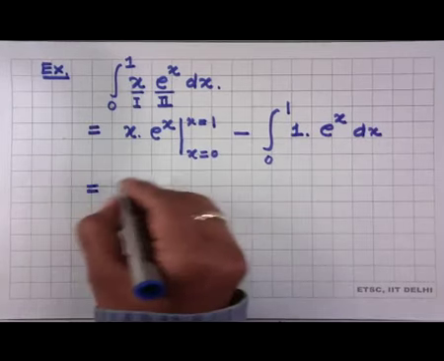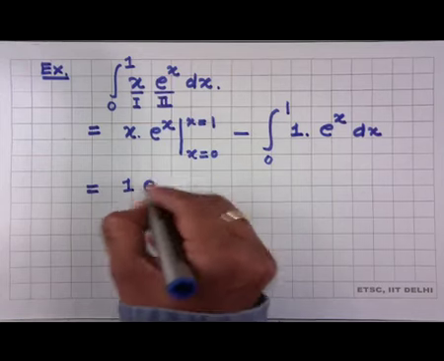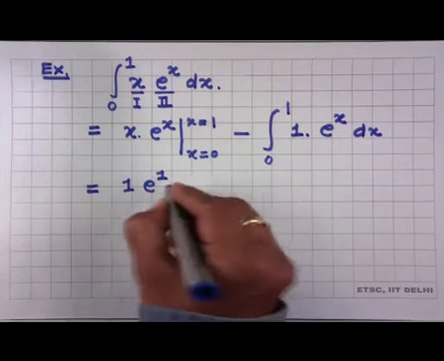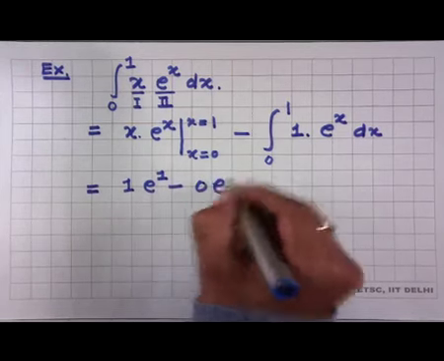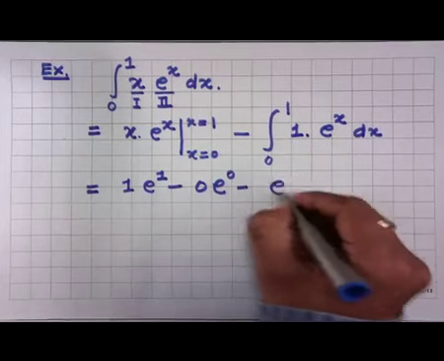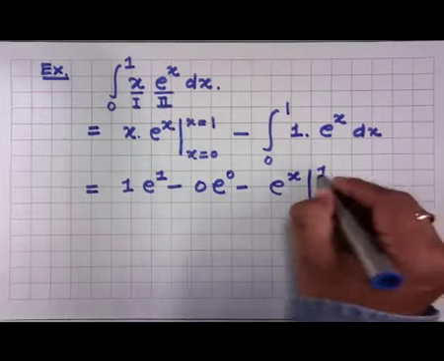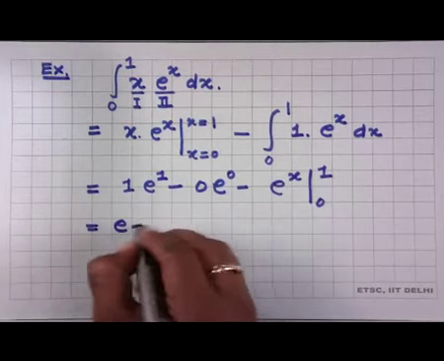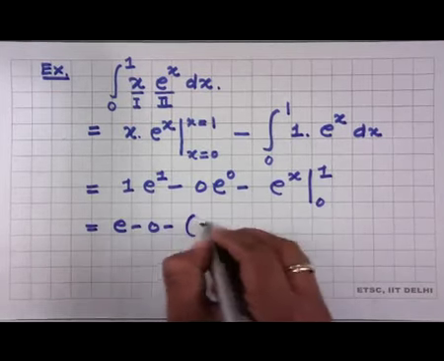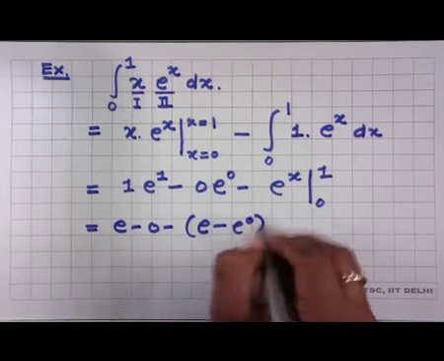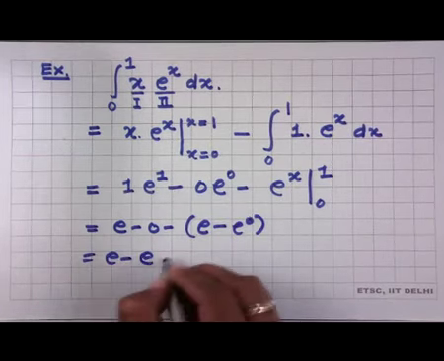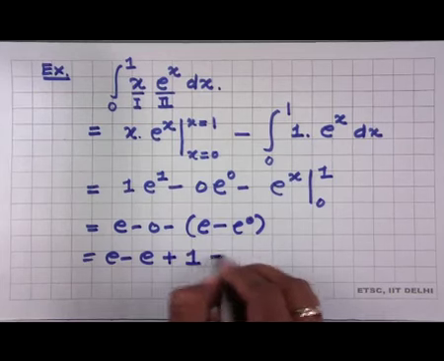So we get 1 minus 0 minus e to the power x, integration of this is e power x from 0 to 1. So we get e minus 0 minus e minus e to the power 0, which is e minus e plus 1. So answer is 1.